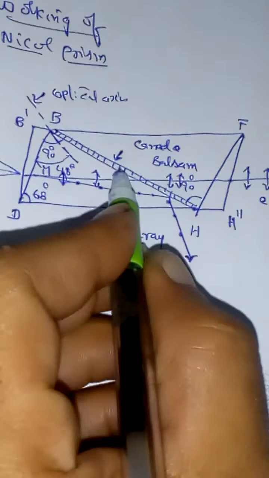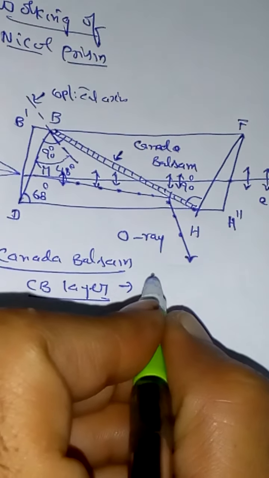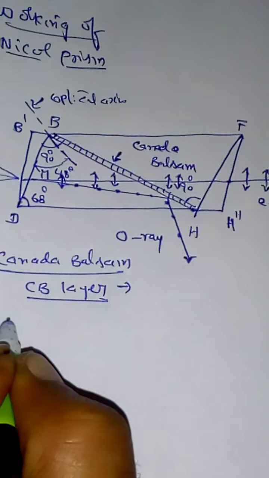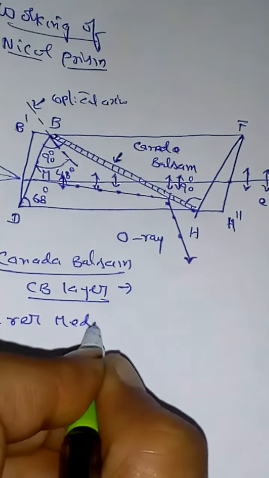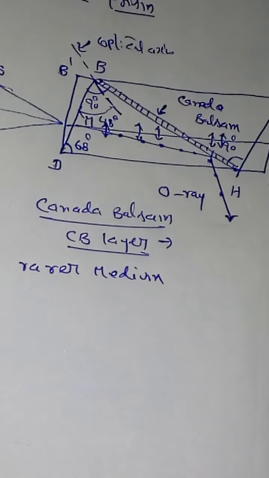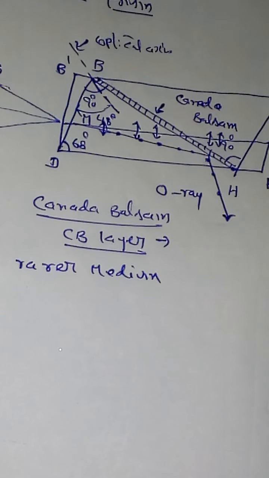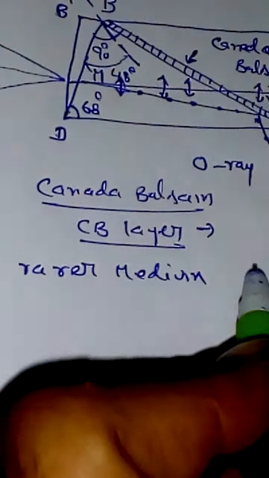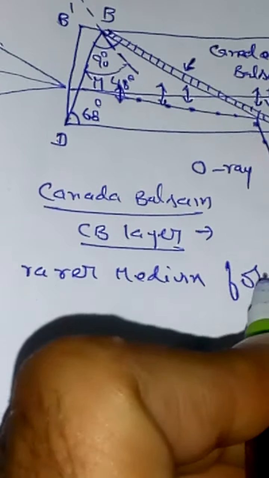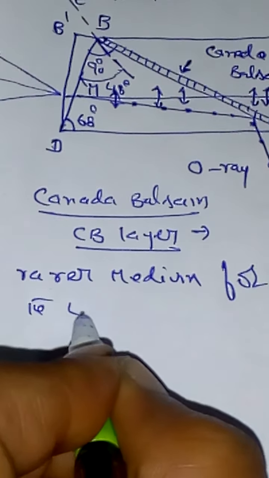This CB layer, or Canada balsam layer, is a rarer medium for the O ray.